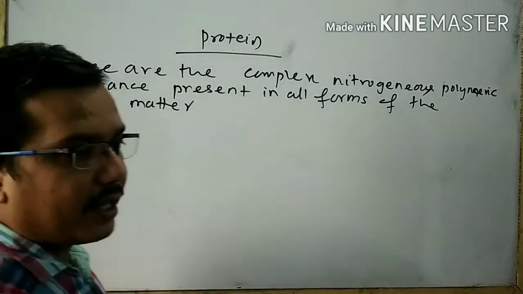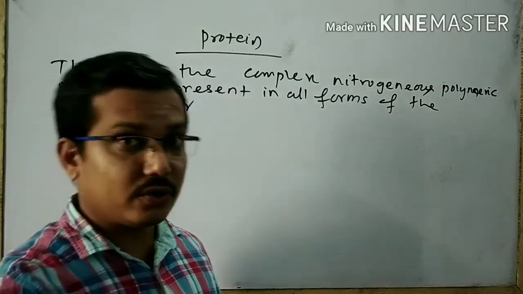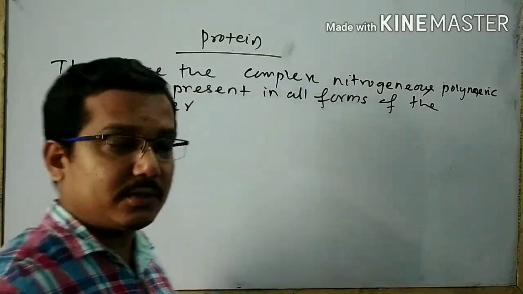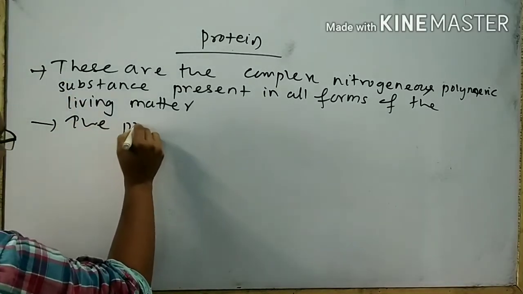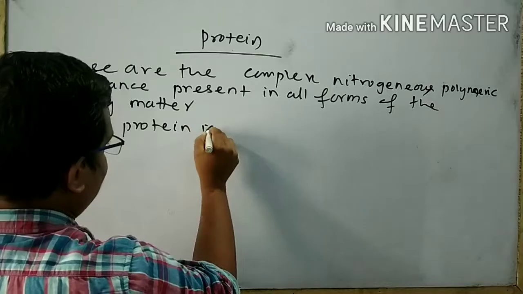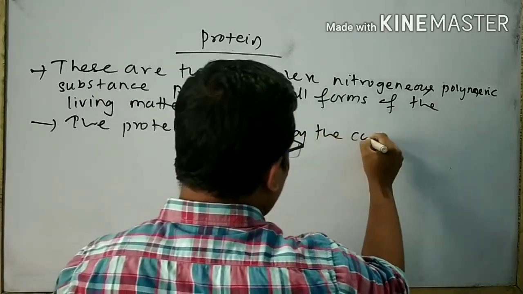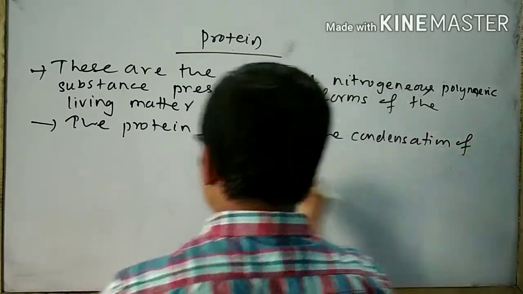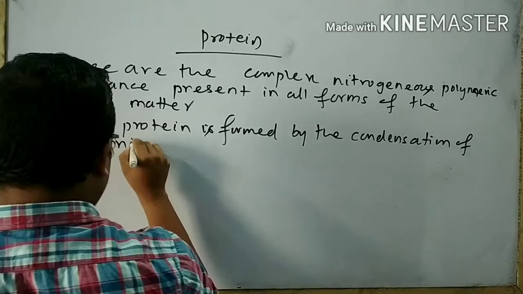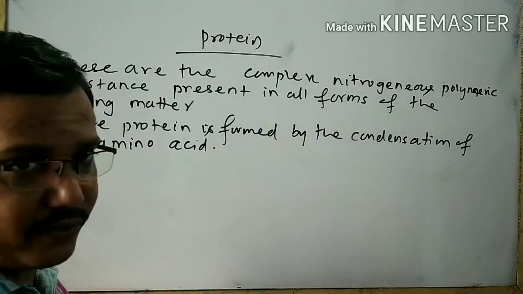Proteins are formed by the help of alpha amino acids. When the alpha amino acids undergo condensation, then protein is formed. So we can write the protein is formed by the condensation of alpha amino acid.